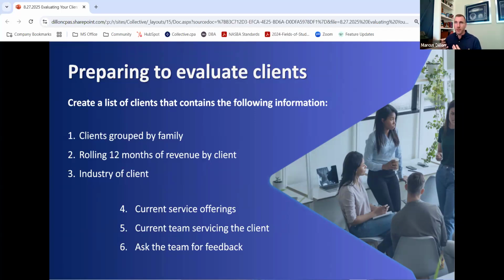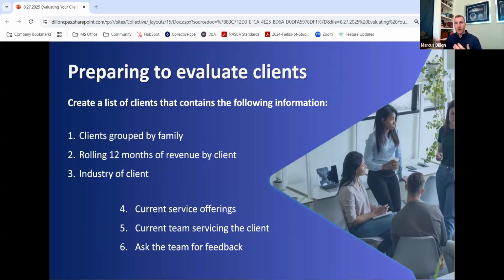So as we were evaluating client capacity, we obviously wanted more CAS clients. We wanted more advisory relationships. So if we were looking at, hey, which ones don't make sense in our client list, then some of those tax only were the ones that stood out at that time.